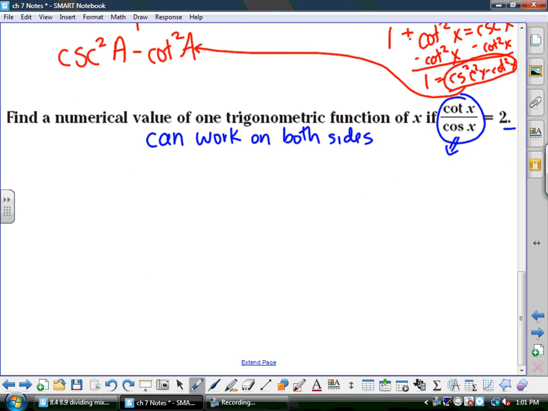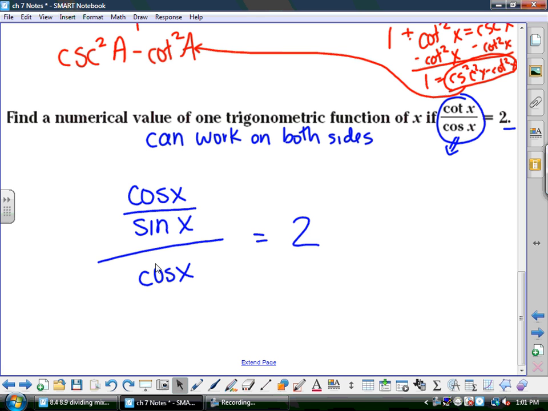To do that, I can change cotangent into cosine over sine. So now I've got cosine over sine over cosine equals 2. An easy mistake to make would be, I want to multiply by the reciprocal, and you do the reciprocal of the wrong thing.